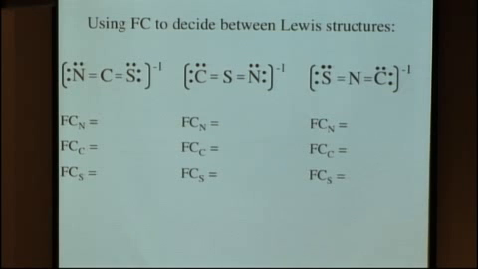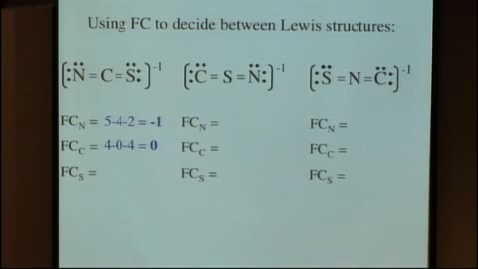In one case, we could put carbon in the middle. In one, we could put sulfur in the middle. And in one, we could put nitrogen. Then let's quickly write out what the formal charges for all of these will be. In our first structure, for the nitrogen, we have a formal charge of 5 - 4 - 2, because we're starting with 5 valence electrons. So that is a formal charge of -1.